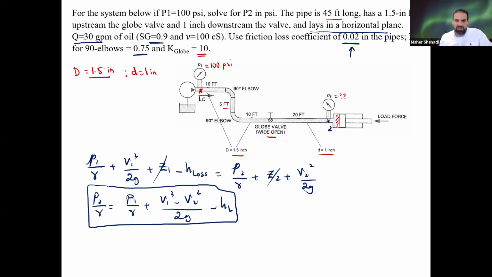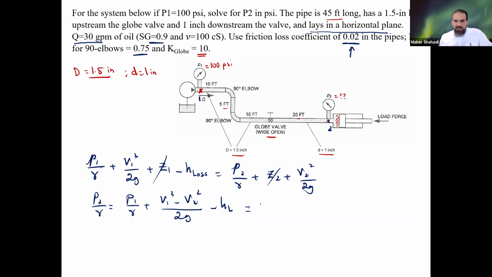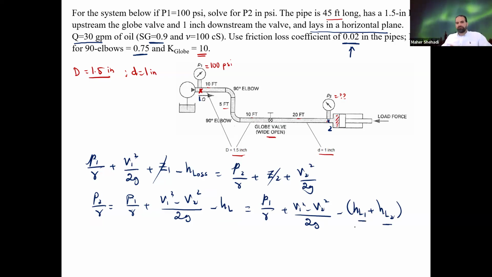So this could be written as P1 over gamma plus V1 squared minus V2 squared over 2g, minus the head loss in system 1, that's upstream, and then the head loss in system 2. So that's for the 1.5 inch, and that corresponds to the 1 inch.